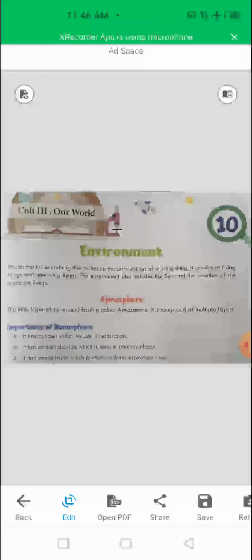The natural features of the environment such as air, water, land, soil, plants and animals are referred to as natural resources. And natural resources are seen as natural gifts to man. So, environment includes the sun and the weather of the place we live in.